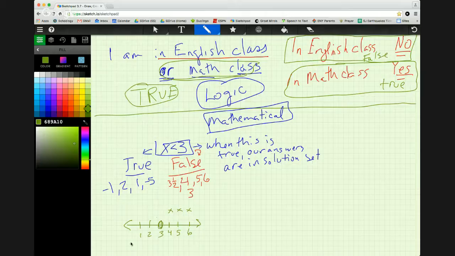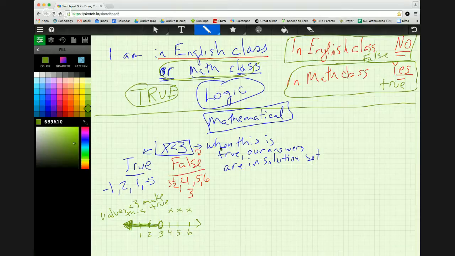So 3 is not a solution, but we know that anything like 2 works, 1 works, all these negative numbers work. Anything over here works. So basically values less than 3 make this true. And then these numbers over here, all these make it false.